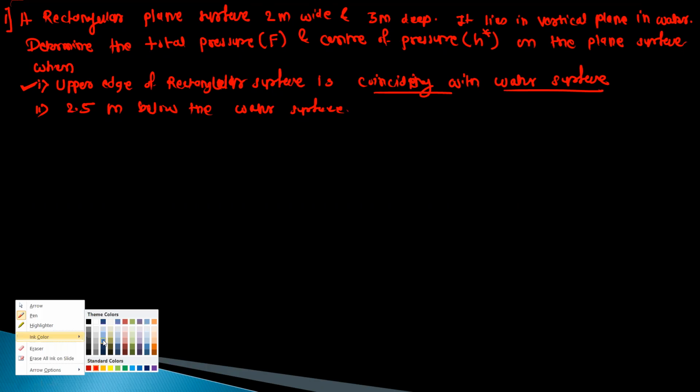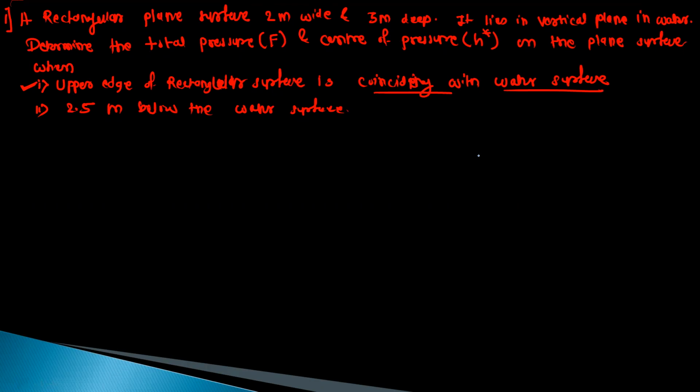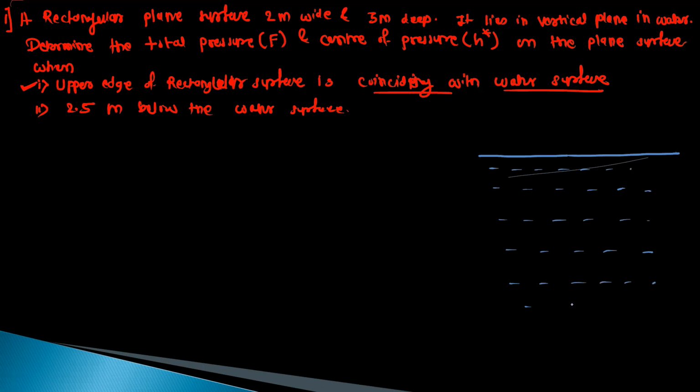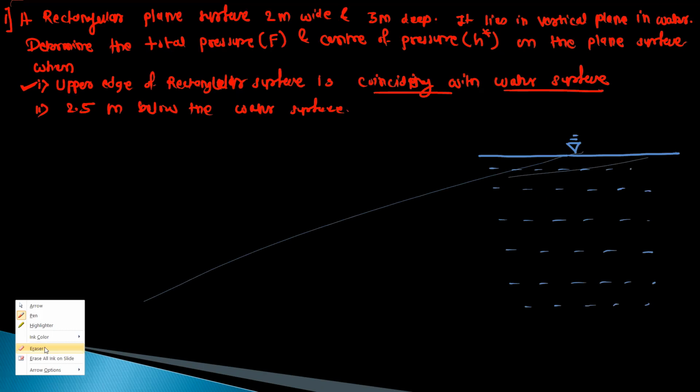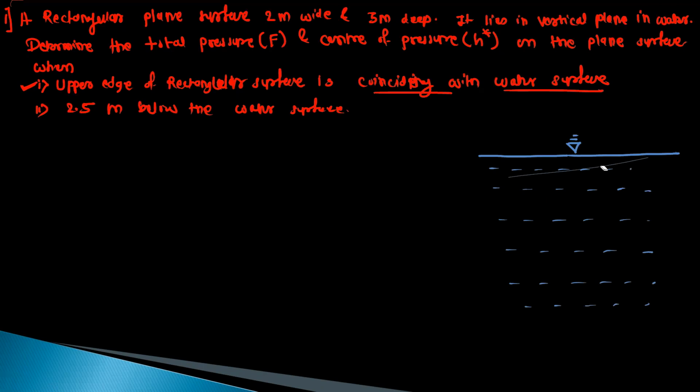So what is given here? This is the free surface of the water. And there is a rectangular plane surface which is submerged.